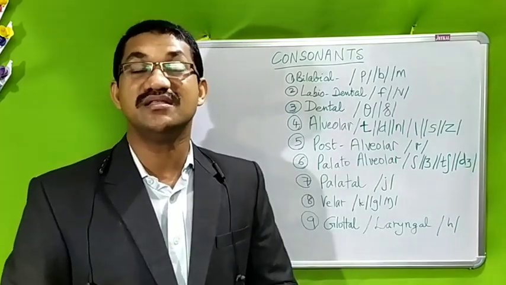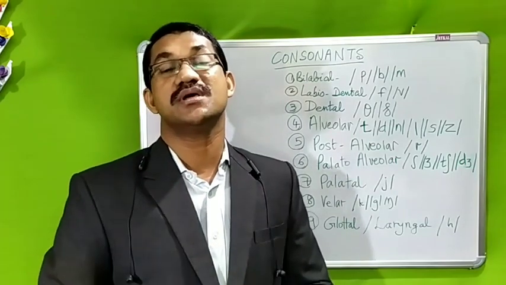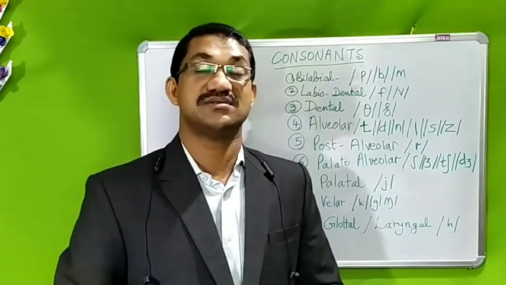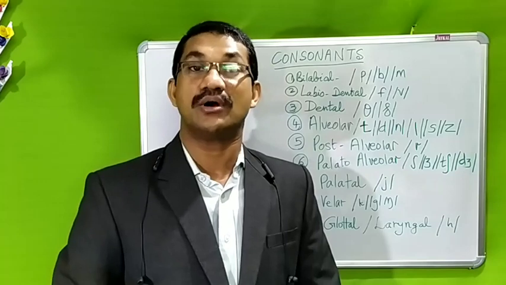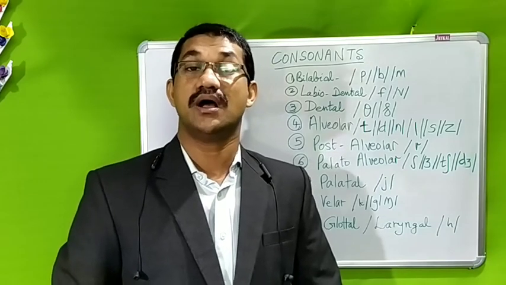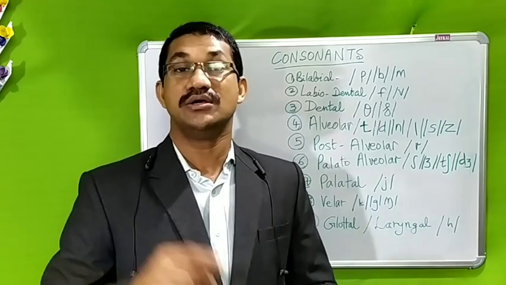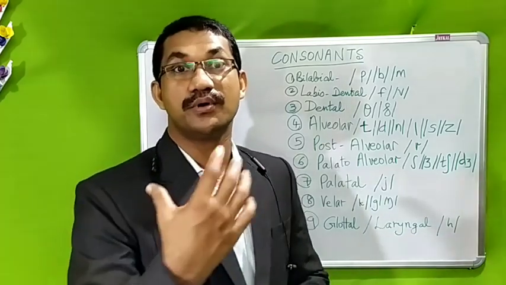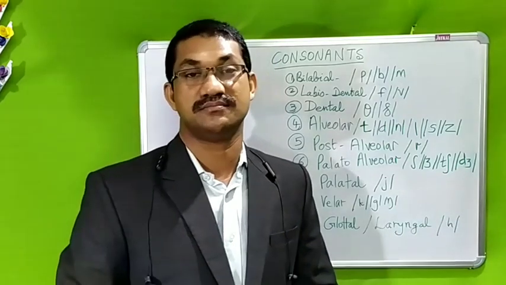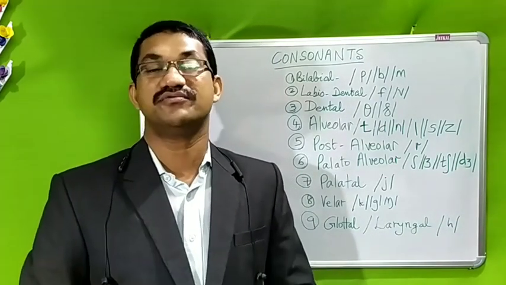So we can say that a consonant is a voiced or voiceless sound in the production or articulation of which there is either a narrowing or a closure of the passage of air so as to cause audible plosion or friction. This is the definition of the consonants.